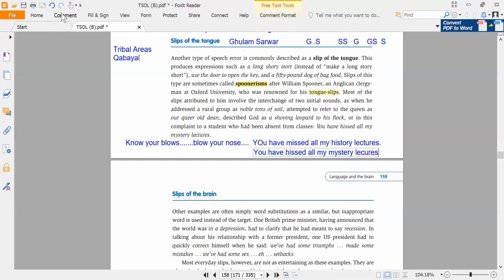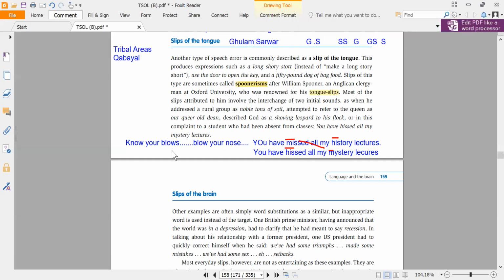Now you see, let me pick this pen so that I may highlight it to you. We have the h sound here and the m sound here, and these two sounds have been exchanged. The h sound has come there, and the m sound has come here, right? Mystery. So, you have hissed all my mystery lectures.